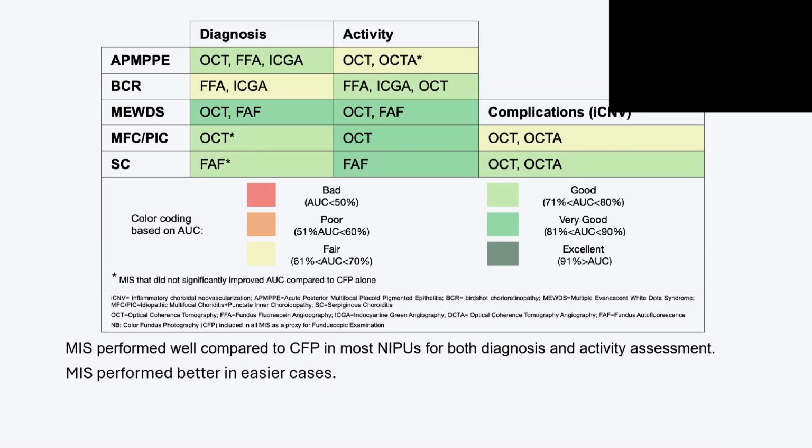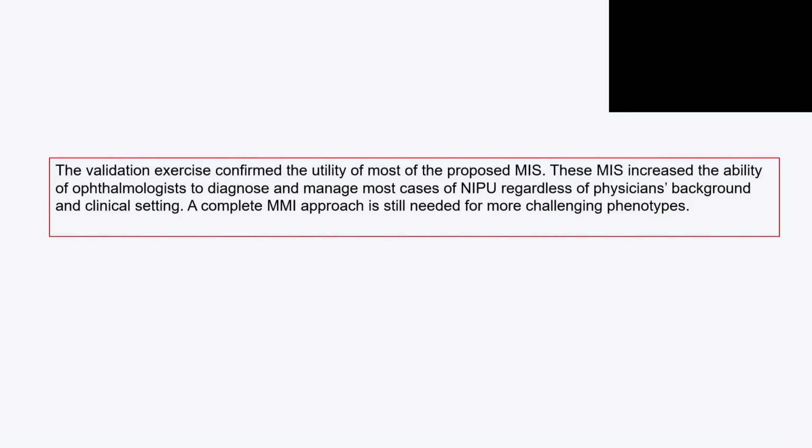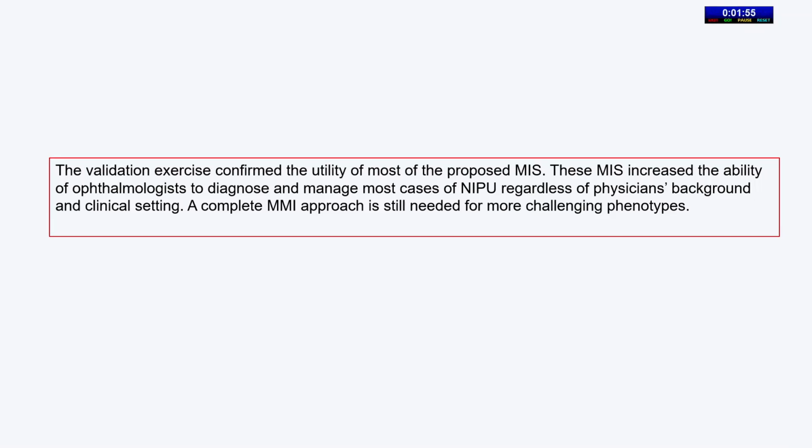For making the diagnosis, for assessing the disease activity, or for looking at the complications. So this was the validation exercise which confirmed the utility of most of the proposed MIS, and they increased the ability of ophthalmologists to diagnose and manage most cases of white dots, which are now non-infectious posterior uveitis, and this has nothing to do with the physician's background and clinical setting.